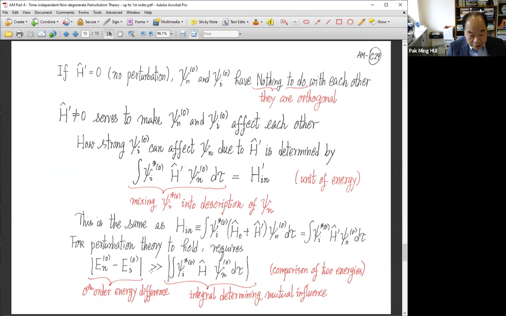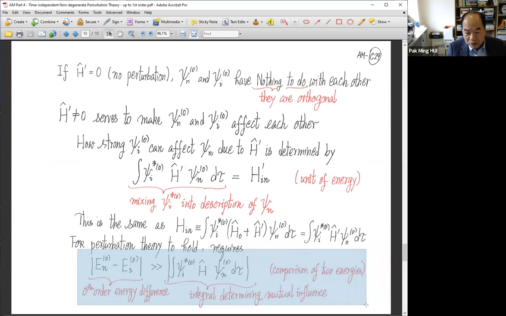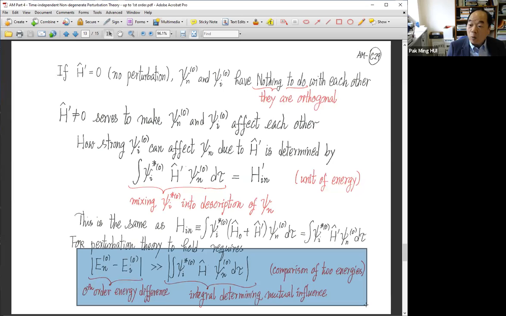Okay, so this is the comparison. This thing is what we want to really quantify our validity. Now nonetheless, if you really have very nearby energy, this is really an important warning sign.